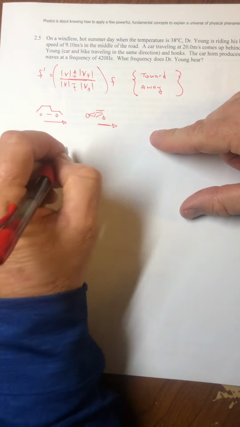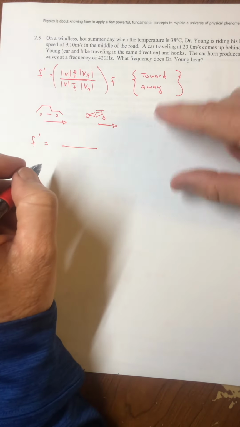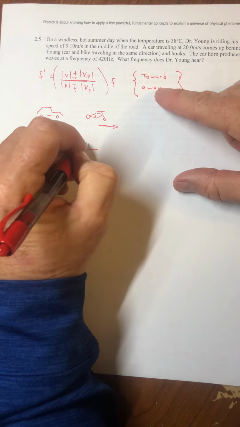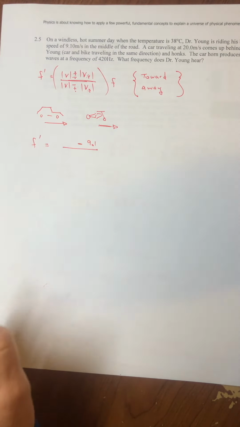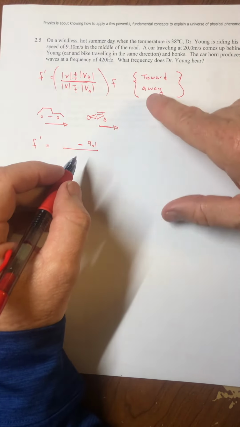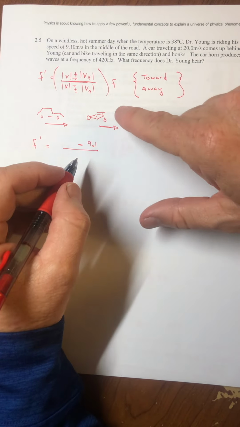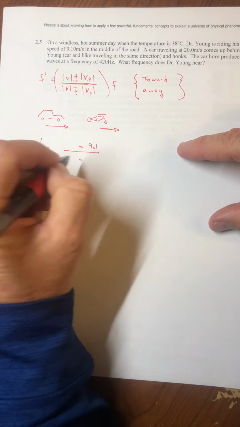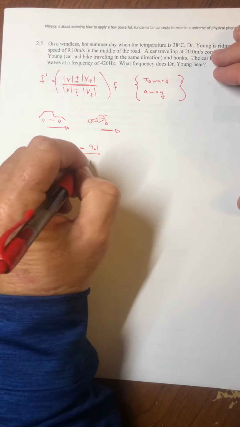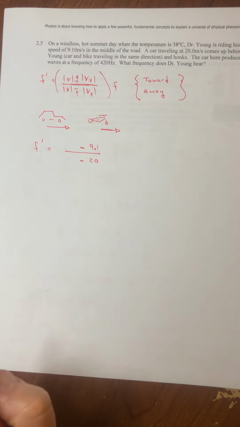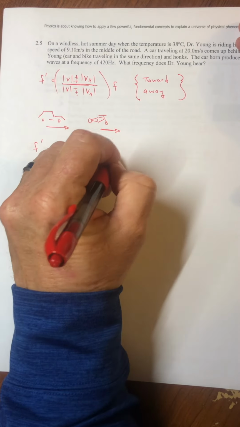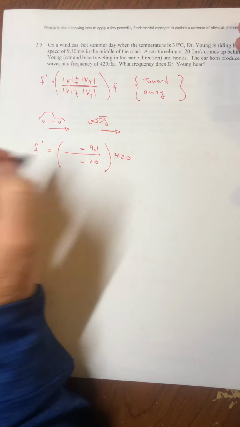So to get this perceived frequency, I'm going to use a minus sign and the speed of the observer, that's me riding the bike, and the minus sign for the source, because it's moving towards the observer, and the velocity of that is 20. The frequency is 420.